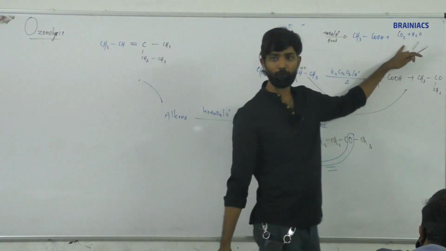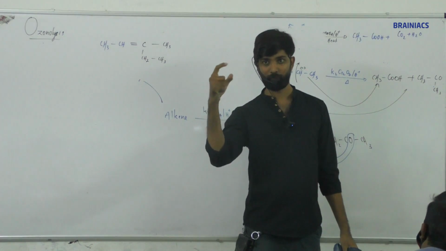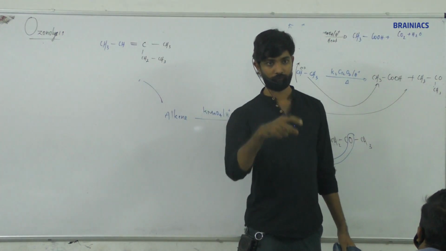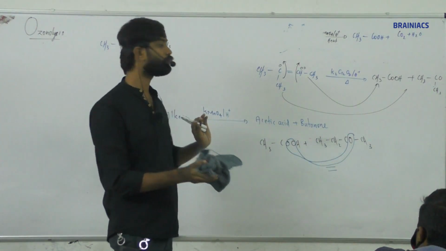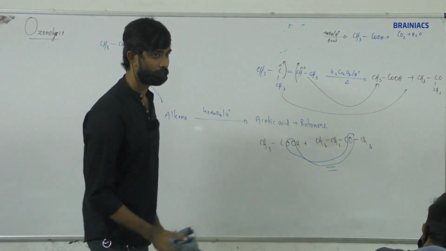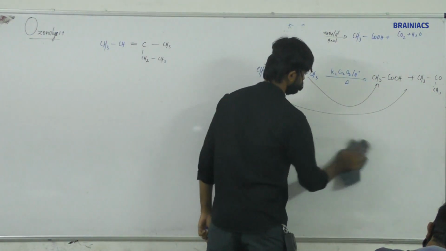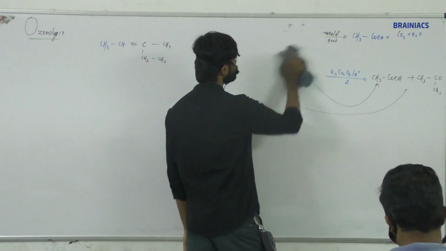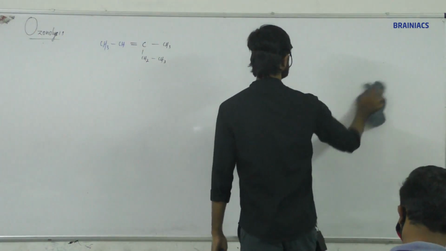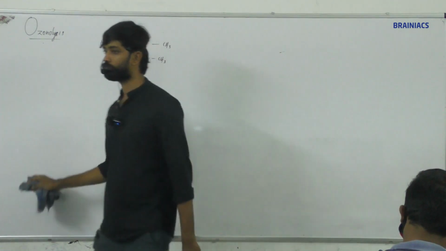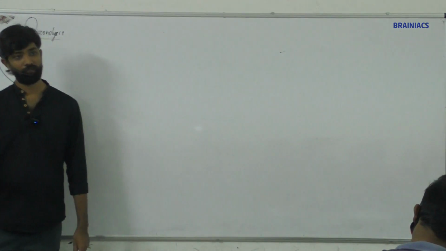If the product is CO2 and H2, then there will be a terminal bond. Okay. So if you know the clear picture about the reaction, you can think in a reverse or any pattern. So ozonolysis is also very easy.